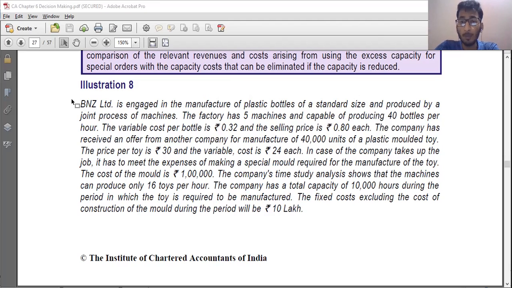Okay, the company's time study analysis shows that the machine can produce only 16 toys per hour. So toys can be manufactured 16 per hour and bottles can be manufactured 40 per hour. Okay, the company has a total capacity of 10,000 hours during the period in which the toy is required to be manufactured. The fixed cost excluding the cost of construction of the mold is 10 lakh rupees given to us.